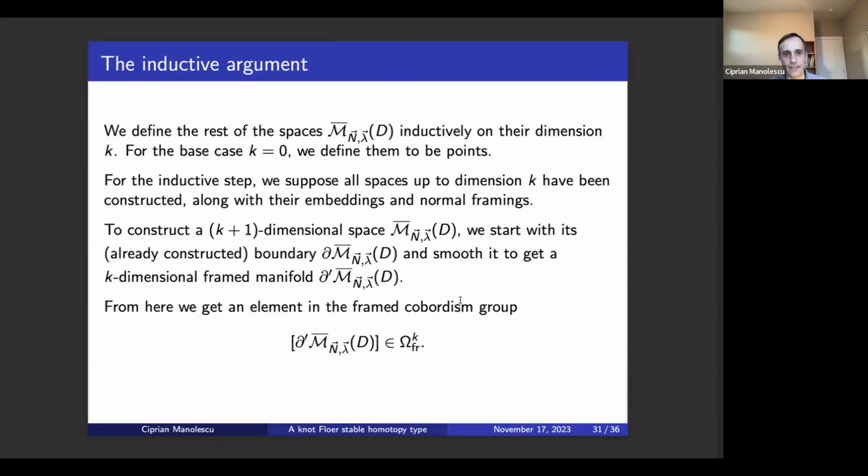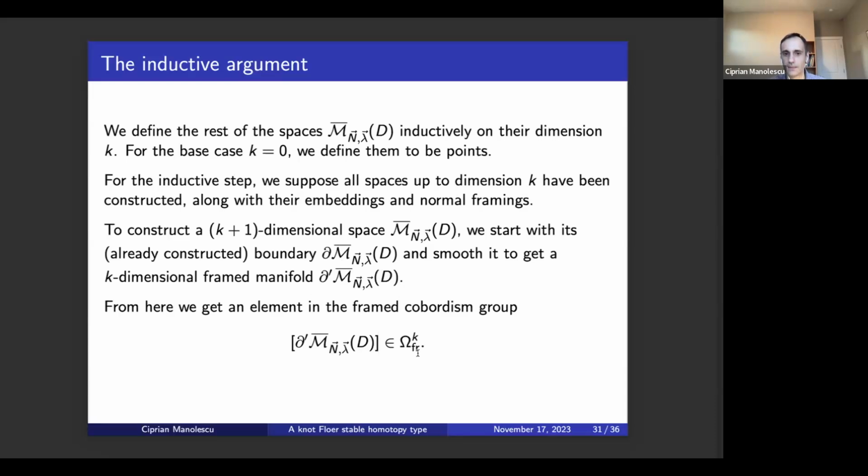Now, what do we have already? We have the boundary. The boundary is some union of manifolds with corners. Okay, we can smooth it. We can smooth the corners and get basically a k-dimensional framed manifold, which I call the smoothed boundary, del prime of this moduli space. Del prime is a framed manifold.